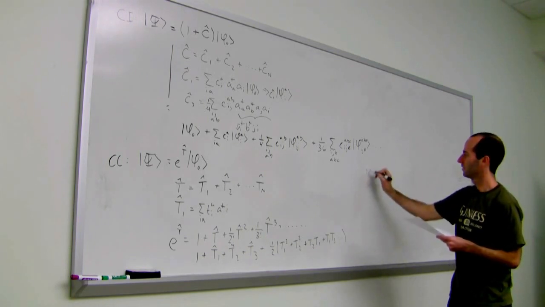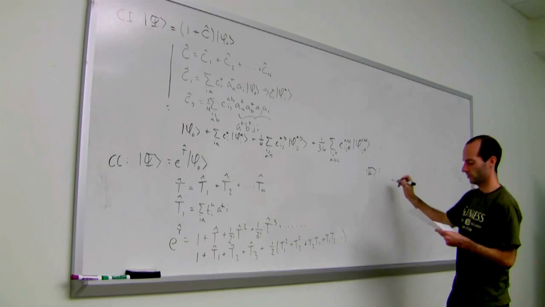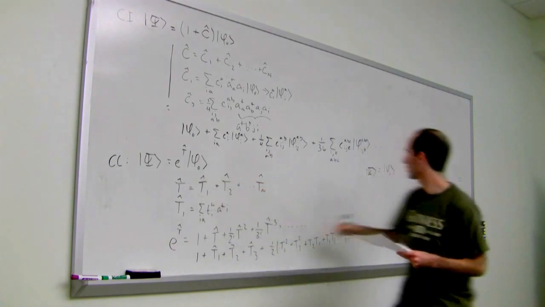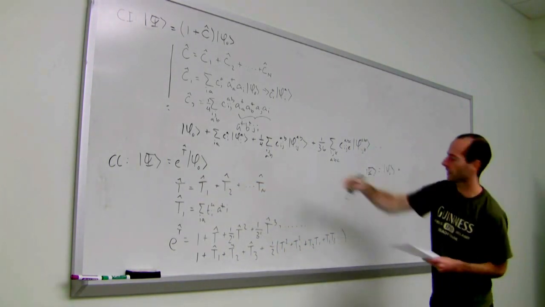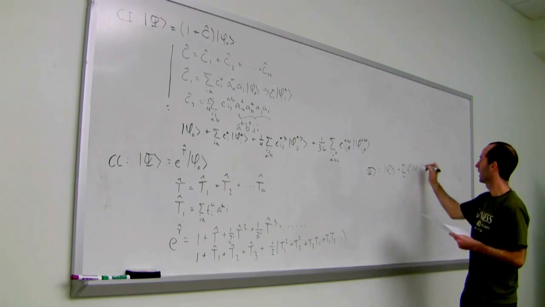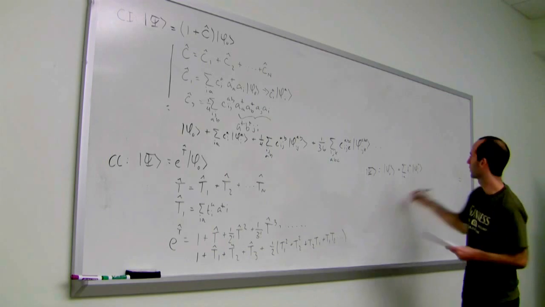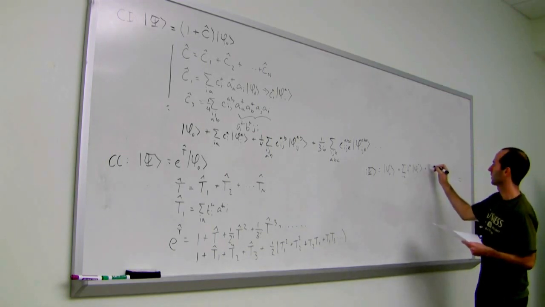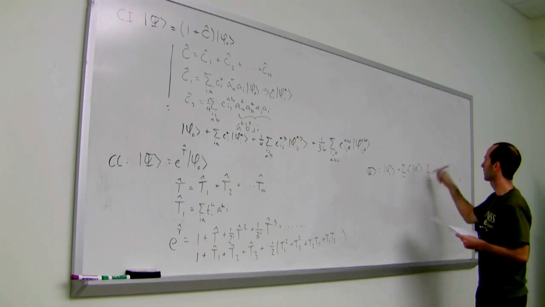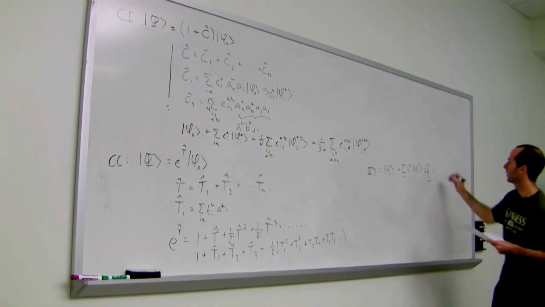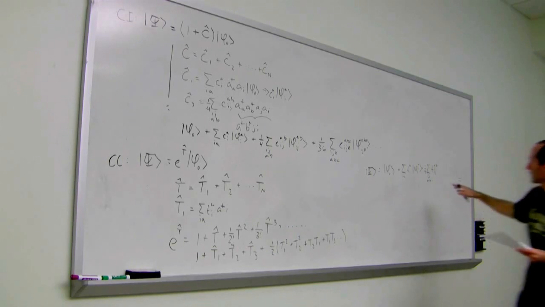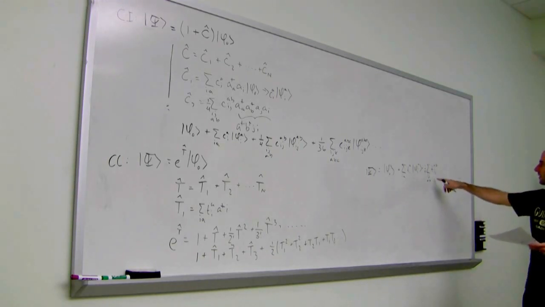So we have phi equals the reference, because we just have 1 acting on the reference, plus T1 acting on the reference, so that gives us some T_IA, plus T2 acting on the reference, T_IJAB.